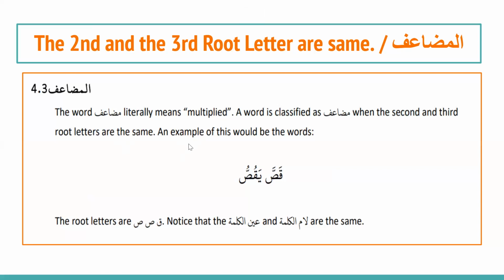An example is qassa yaqussu, shakka yashukku. So qassa: qaf, sad, and sad. So sad is coming two times. Qassa is past tense, yaqussu is present tense, and this is from Bab Nasara. Just notice that the ain kalma and lam kalma are the same. Sad, sad.